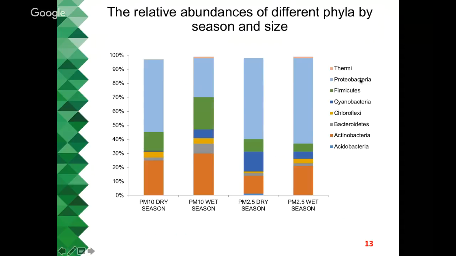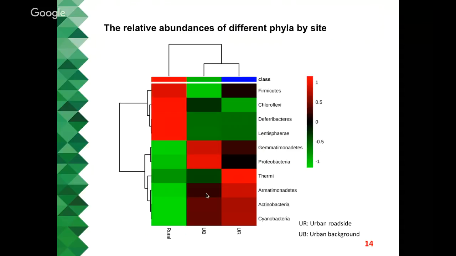It's dominant in PM2.5, while the Firmicutes and the Actinobacteria were dominant in PM10, and Firmicutes was dominant in the rural site compared to the urban site. Actinobacteria and Cyanobacteria dominated the urban site, while Firmicutes dominated the rural site.